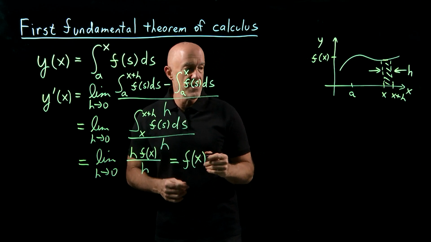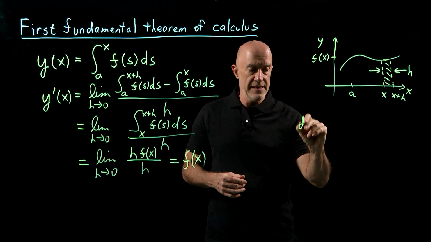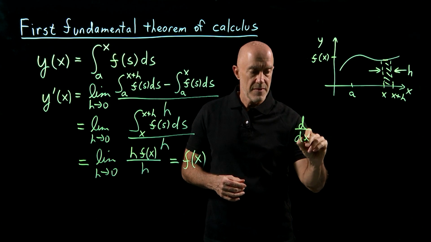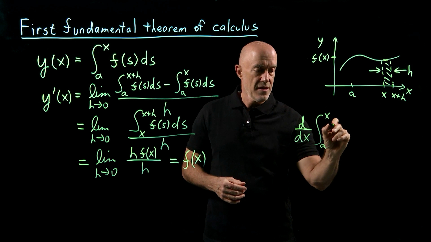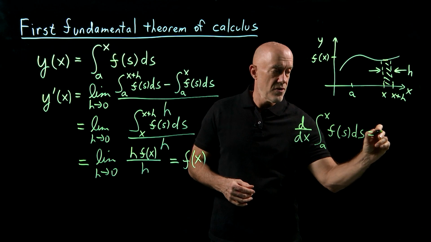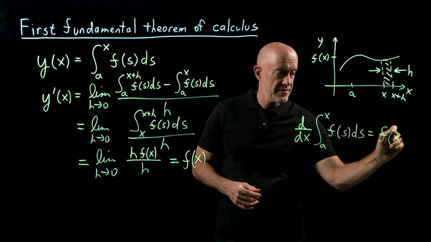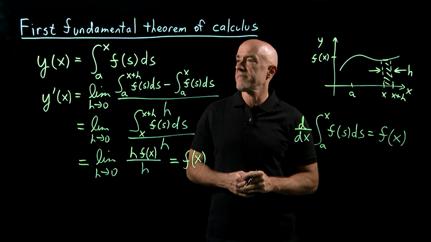So let's write that another way. We can write that as d dx of the integral from a to x of f of s ds equals f of x. The first fundamental theorem of calculus.